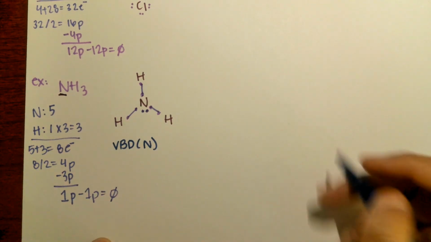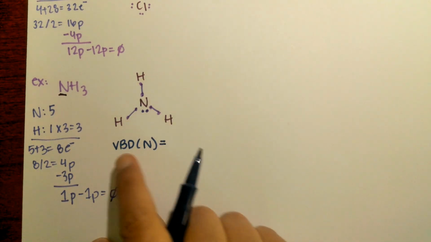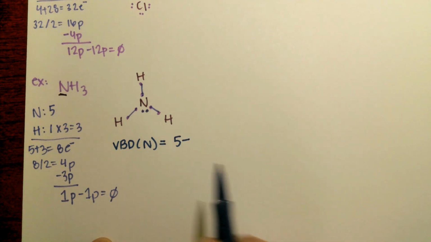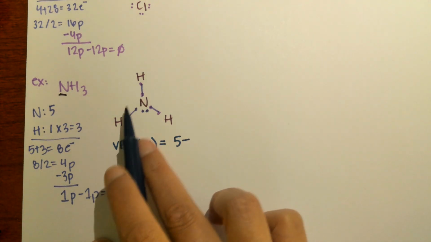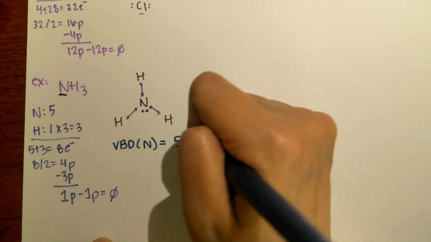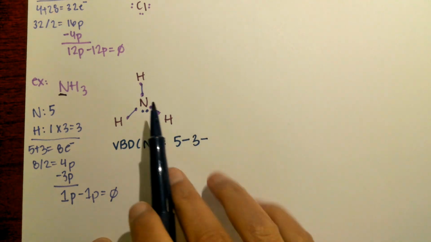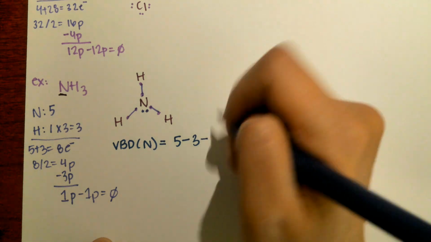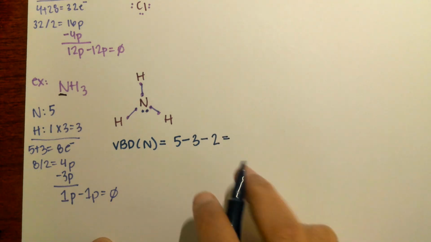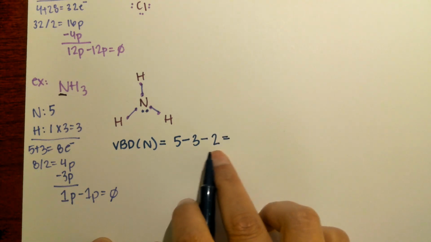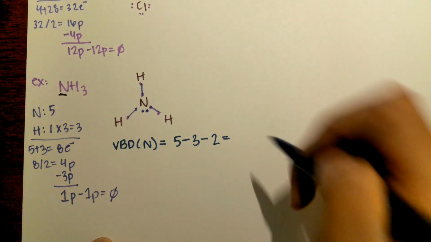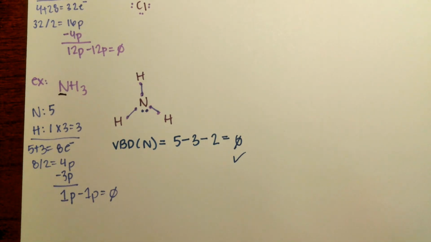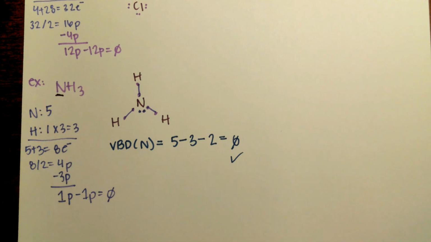VBD for nitrogen: valence electrons for nitrogen is 5, minus how many bonds have I added to nitrogen? 1, 2, 3. Minus, and how many dots have I put on nitrogen? 1, 2. 5 minus 3 minus 2 is 0. Therefore, it is happy, and we are done with this structure.